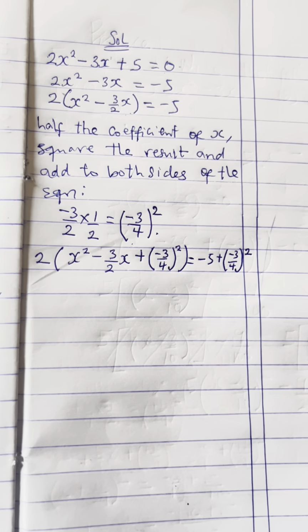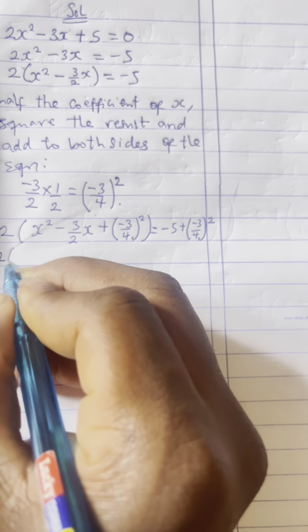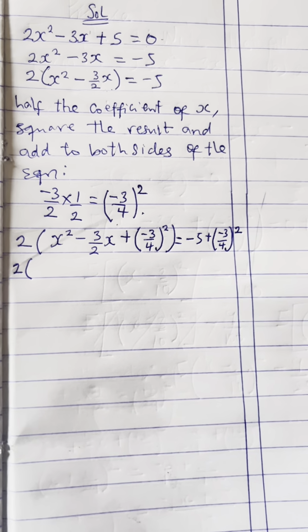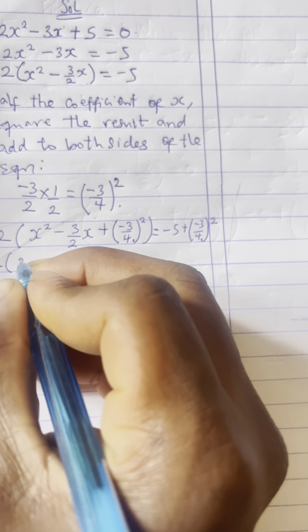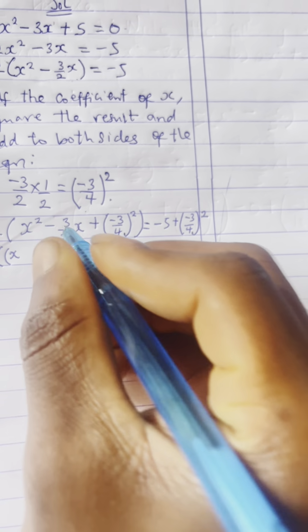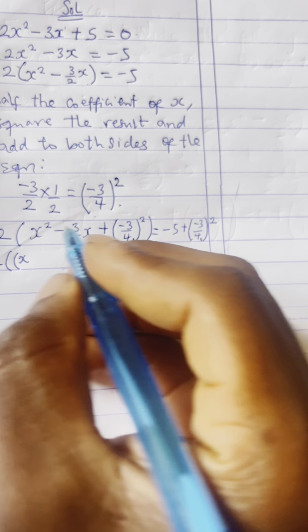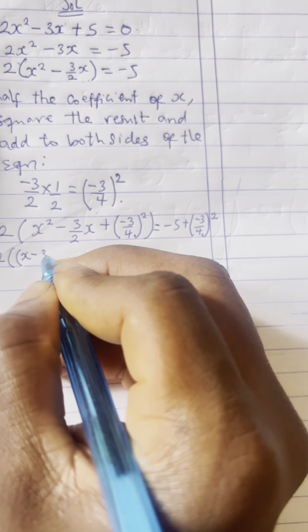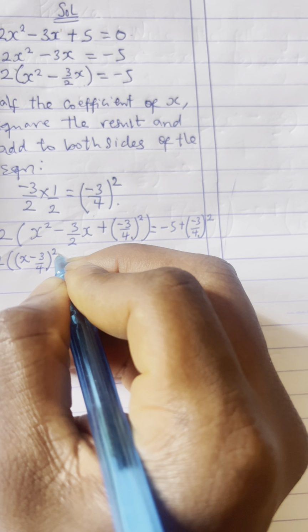So guys, let us continue. This will then be 2 open bracket. Don't forget the step we usually use. I will take one x here. I will write it x open a bracket. I will ignore this. I will come here. What is inside the bracket here? I will write it minus 3 over 4 close bracket squared.